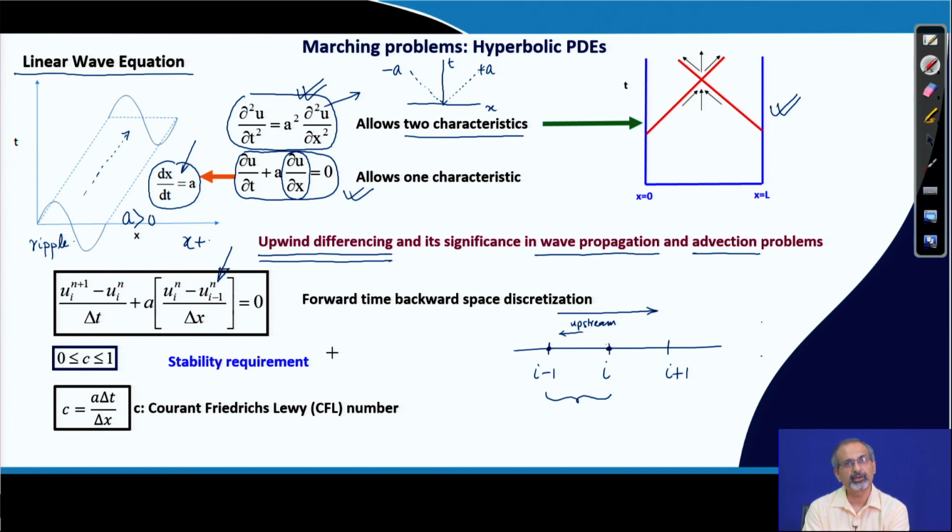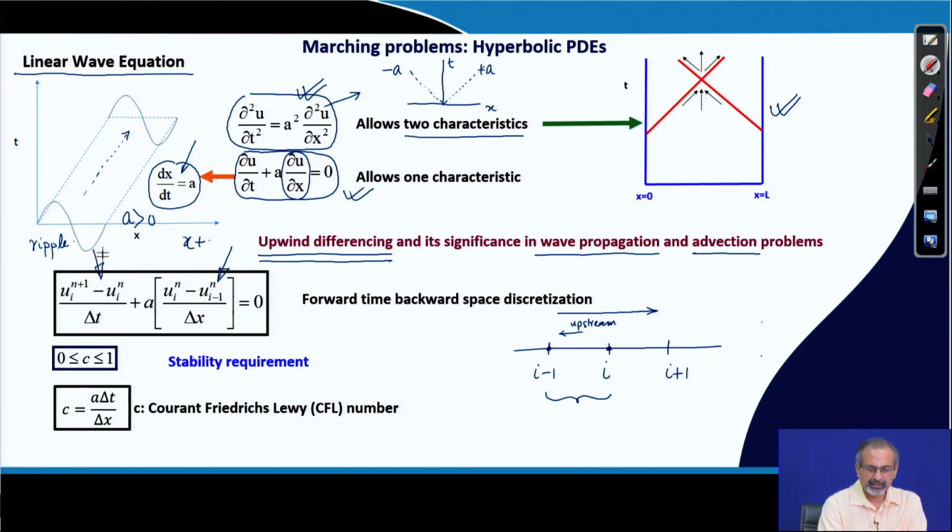You can go for higher order accurate representations also, but here we have kept things simpler, and with that we will be able to accurately represent the physics by taking the appropriate direction into account, so that it allows the signal to propagate appropriately through the domain when we represent it through the finite difference form.